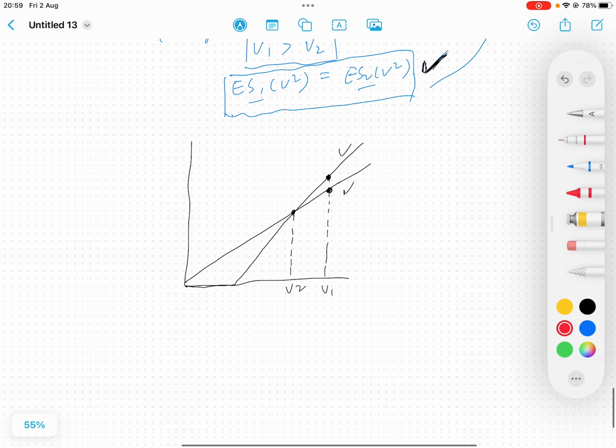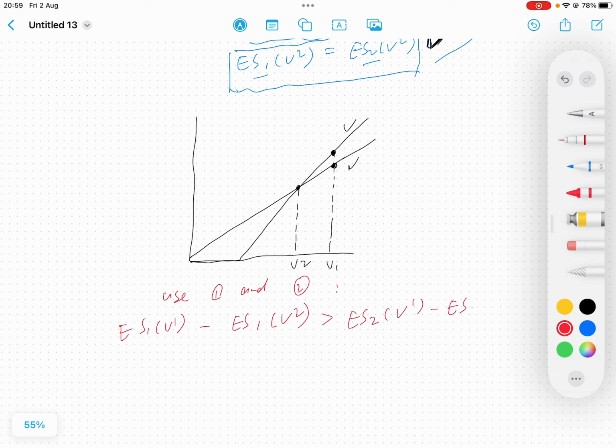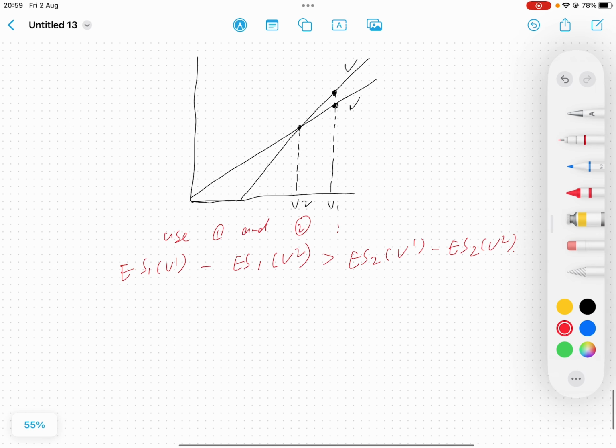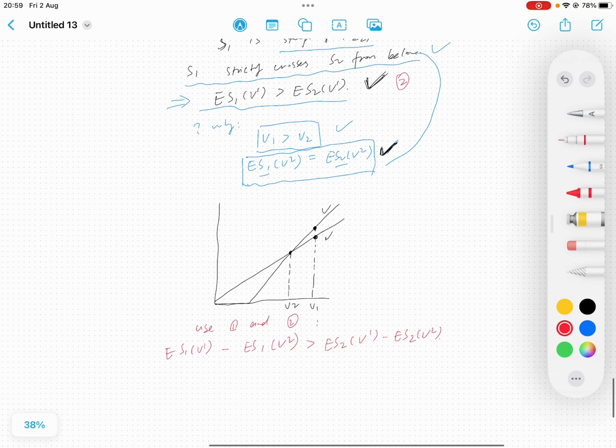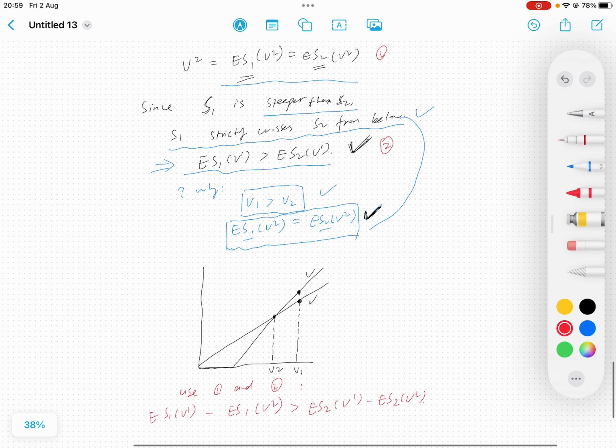Using 1 and 2 together, we can simply get ES1 V1 minus ES1 V2 is greater than ES2 V1 minus ES2 V2. This is simply obtained from 1 and 2, by using 2 minus 1. And that's it.